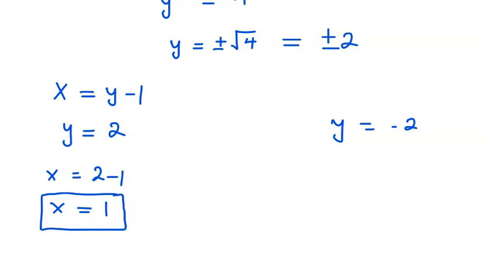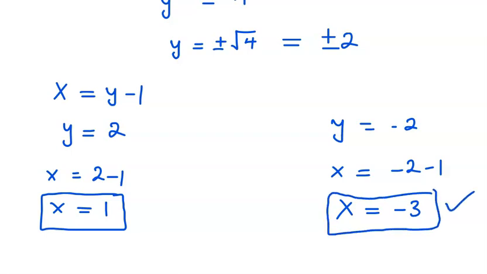And for the other, we're looking for x, sorry for that. So our x here will be equal to y minus 1, which is -2 minus 1, so we get x is equal to -3. So does that imply that these are the two real solutions to this equation?